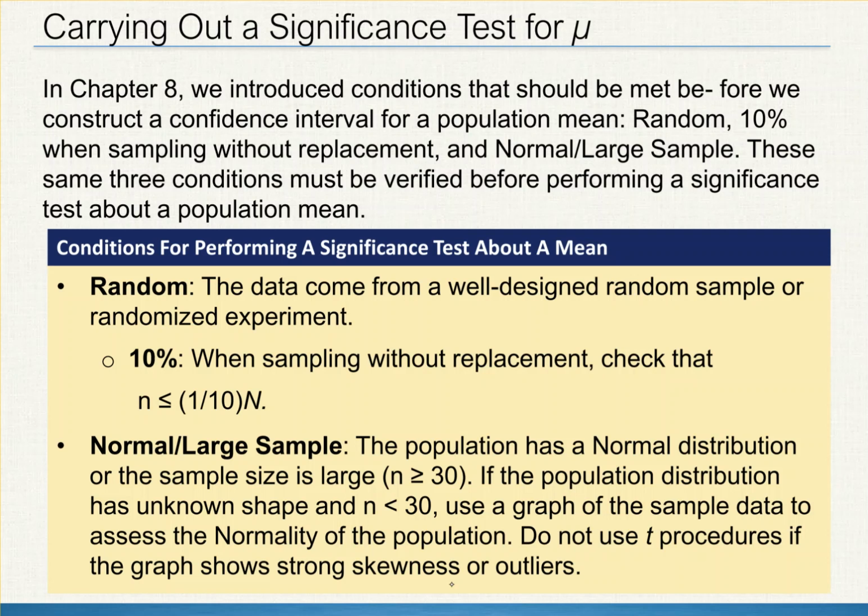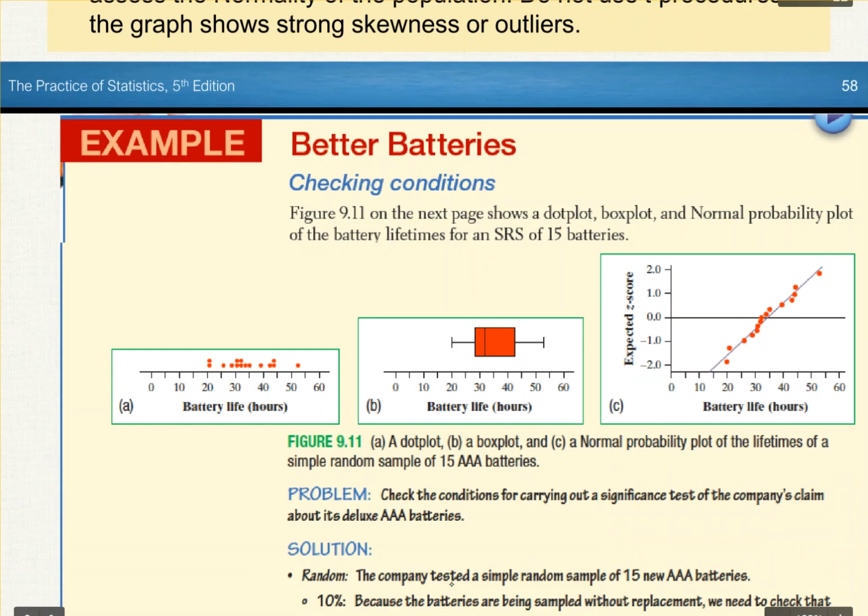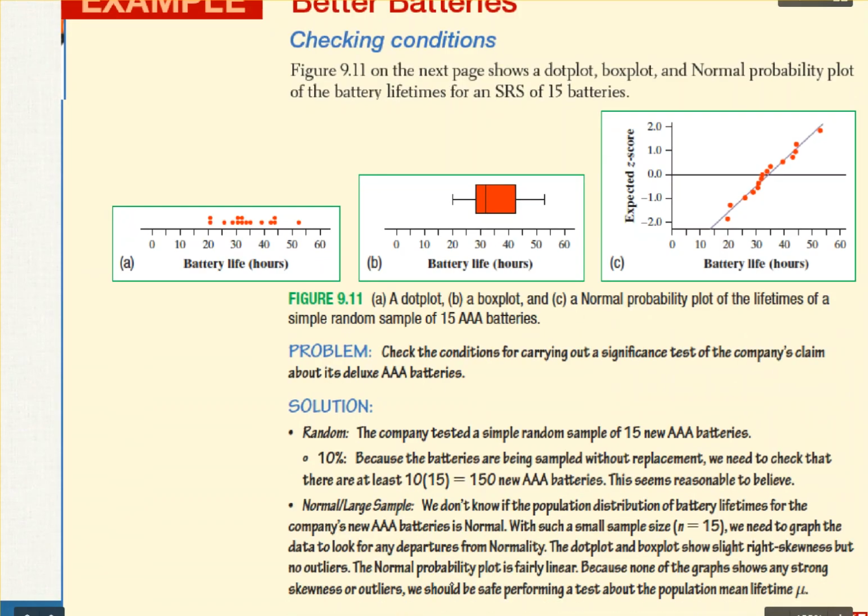And then it's got to be approximately normal or a large enough sample. You'll see as we go through the examples that there's some latitude as far as what constitutes approximately normal.